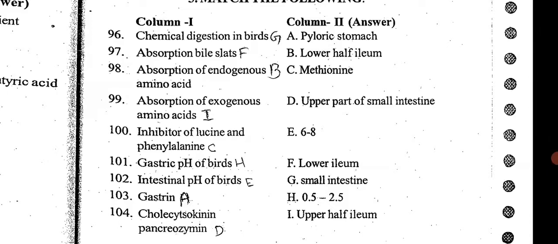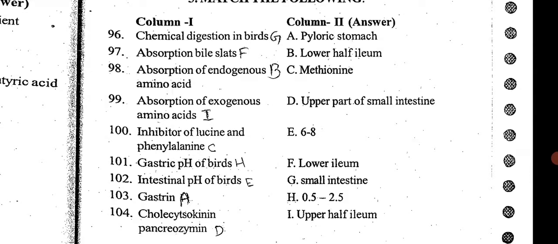Absorption of bile salts is in the lower ileum, whereas the upper ileum absorbs the amino acids. The upper ileum absorbs amino acids, and the lower part of the ileum absorbs bile salts.